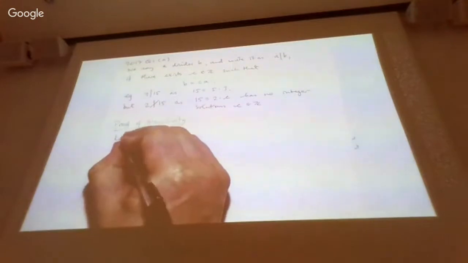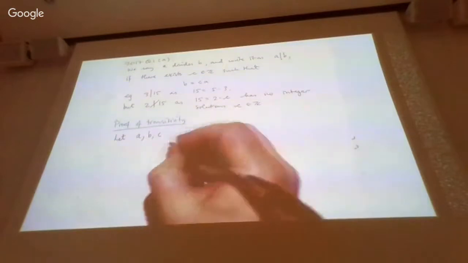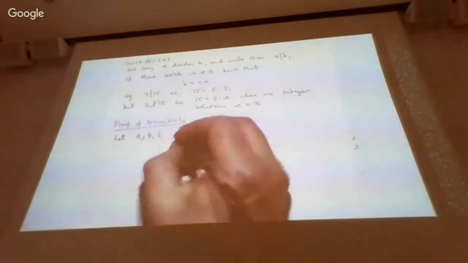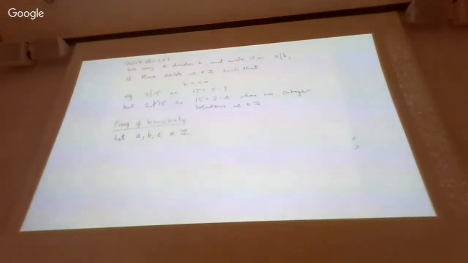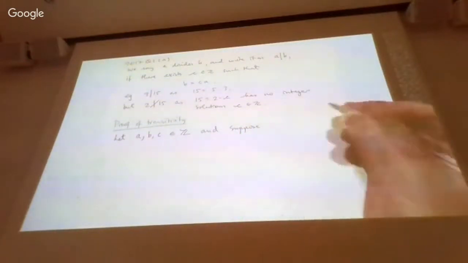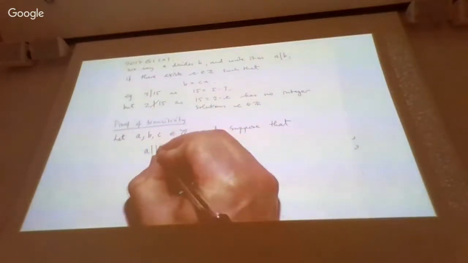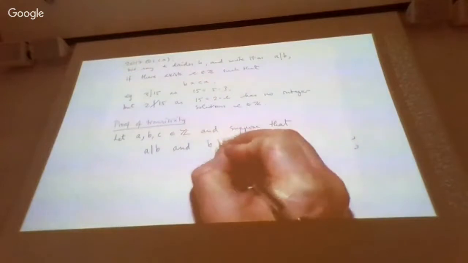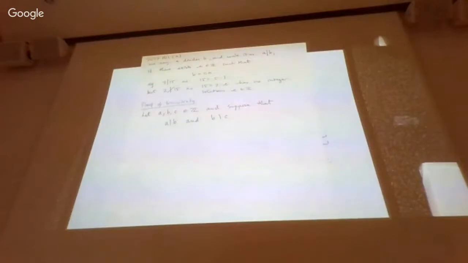So I would have a nice introduction saying what the objects are, even though they're stated in the question, but to give a coherent answer, let's declare them again. So we'll let integers A, B, and C be in Z, and suppose that A divides B and B divides C. And don't panic in the exam if you don't immediately see how to do it in your mind.